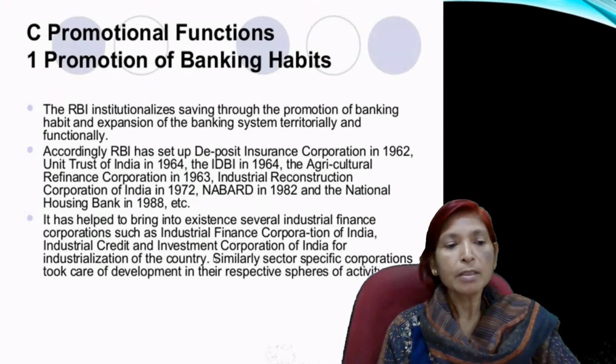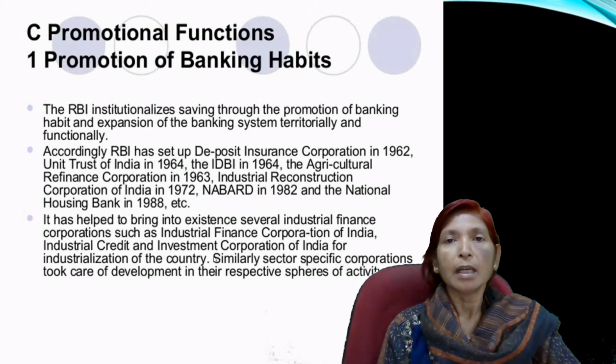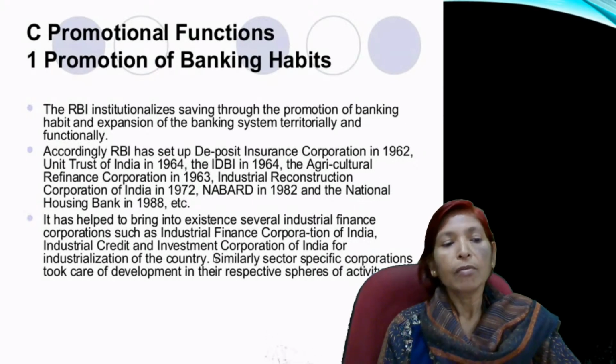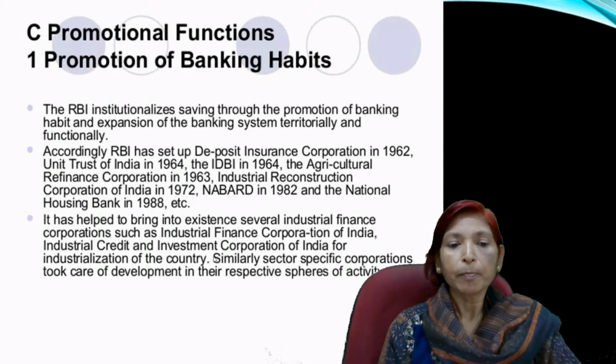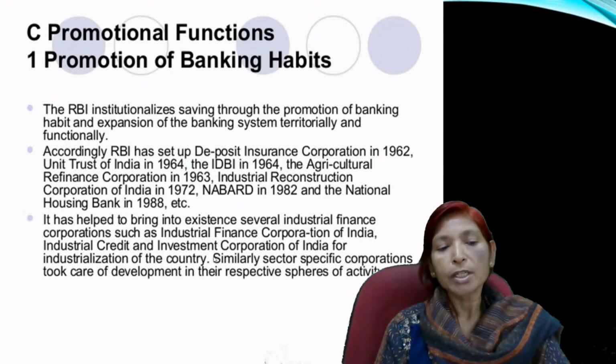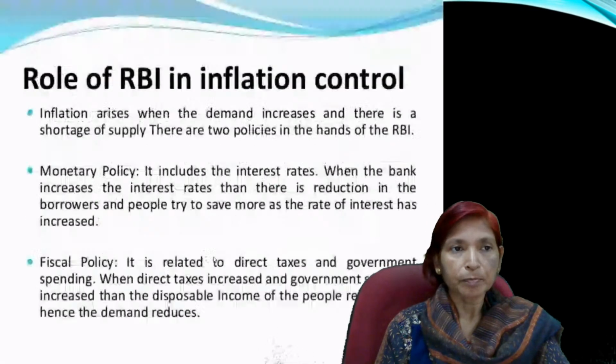So it has helped to bring into existence several industrial finance corporations such as the Industrial Finance Corporation of India and the Industrial Credit and Investment Corporation, ICICI, for industrialization of the country. Similarly, sector-specific service corporations took care of development in their respective spheres of activity.